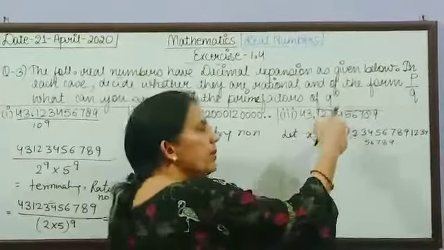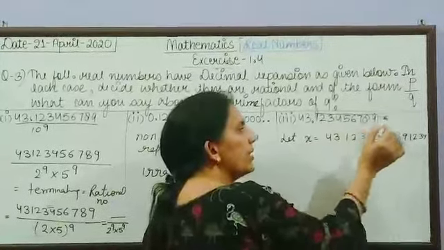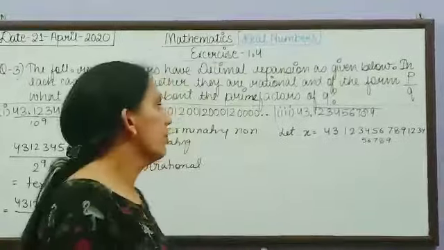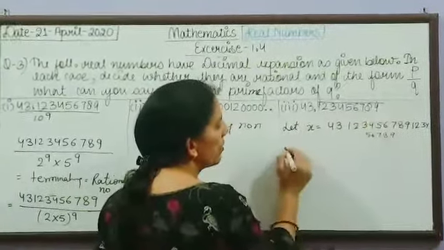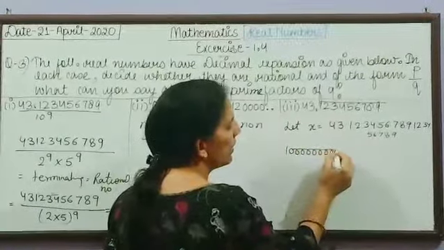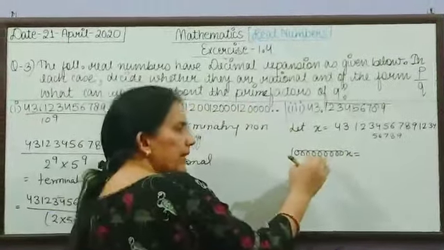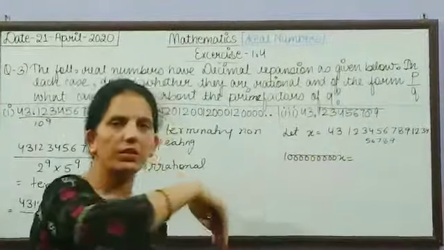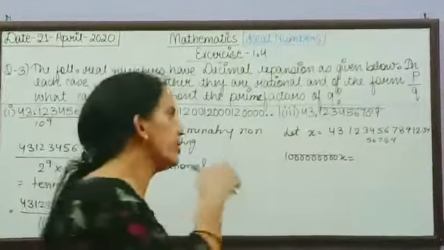You must remember that as many digits as there are after the decimal, you have to take that many zeros with 1, multiplying to x. So how much are you going to get? 9 zeros. So 1000000000 x is equal to, if we multiply this much with x, how many digits will come before the decimal? 9 with 43.